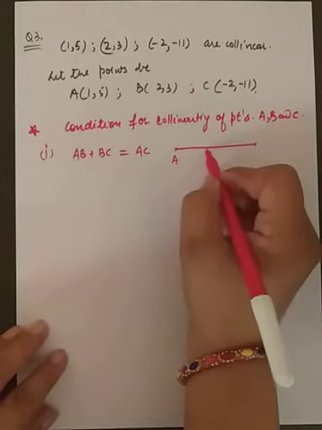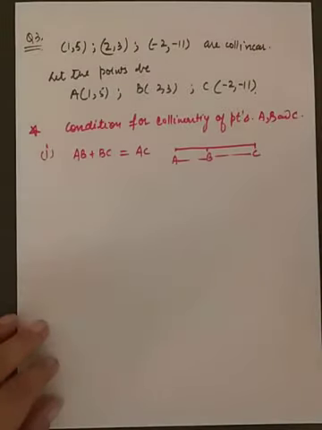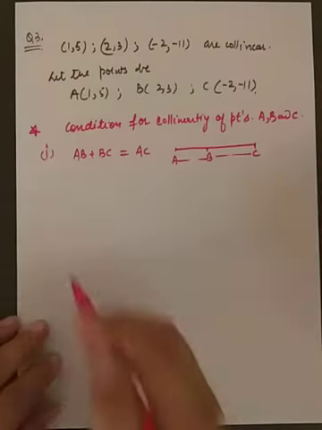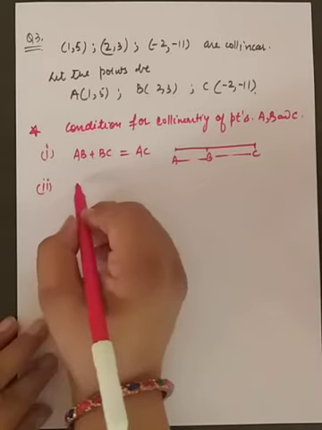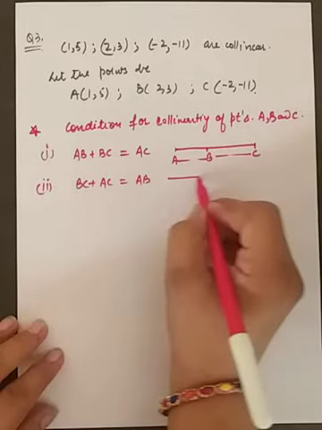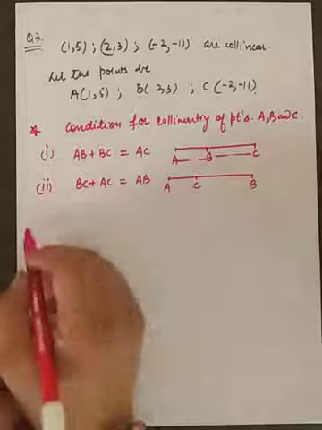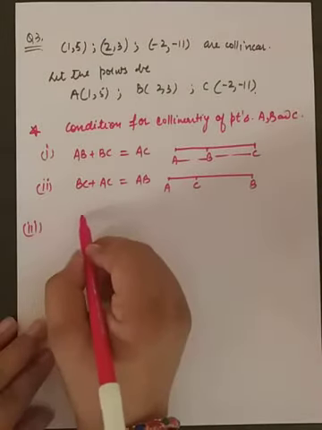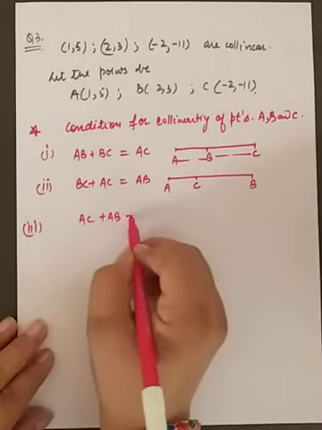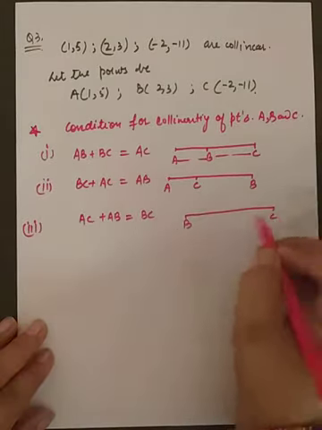If the sum of the distances AB and BC is equal to AC, then the points A, B, C are said to be collinear. The second condition is if BC plus AC is equal to AB, meaning in this case point C lies between A and B. And the third condition is AC plus AB is equal to BC, so in this case A lies between B and C.